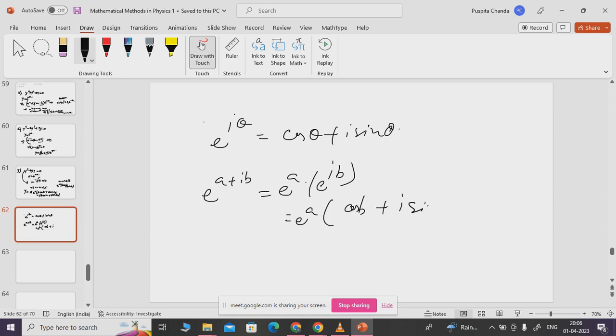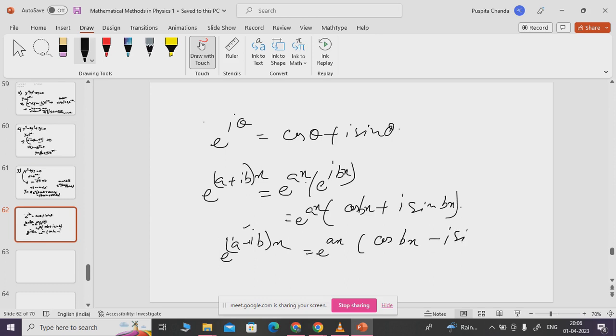Because e to the power i theta is equal to cos theta plus i sin theta. Okay, e to the power a plus ib can be written as e to the power a into e to the power ib, so e to the power a into cos b plus i sin b. And e to the power a minus ib, and there is also x.